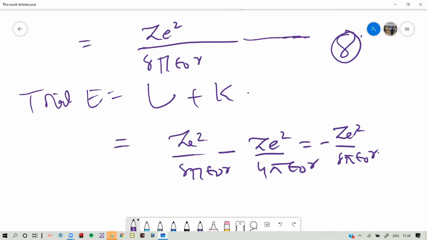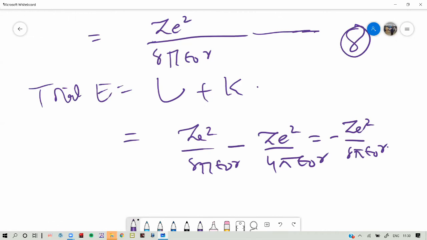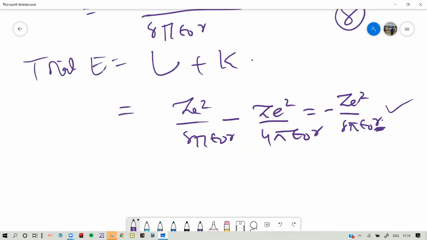We added 7 and 8 because equation 7 is negative, that's why it's minus here, and we find it to be this way. If you put the value of r from equation 4, use that value of r here.